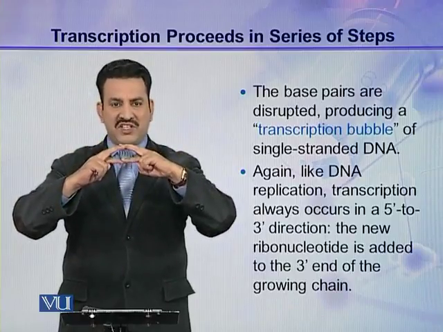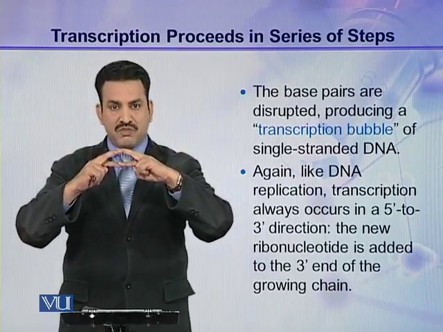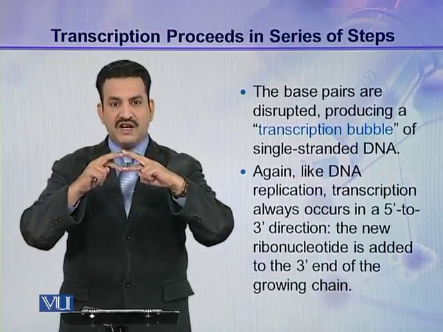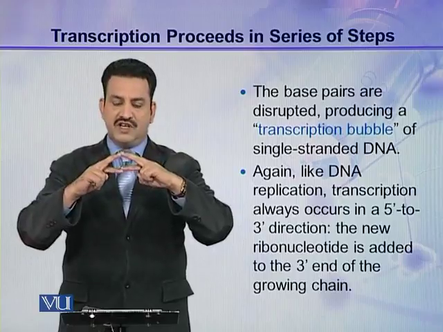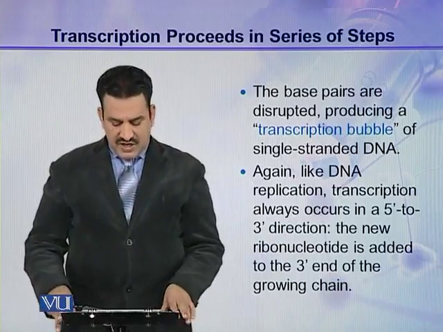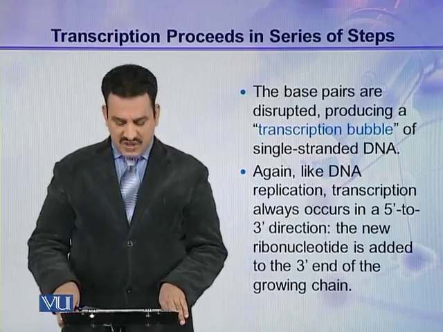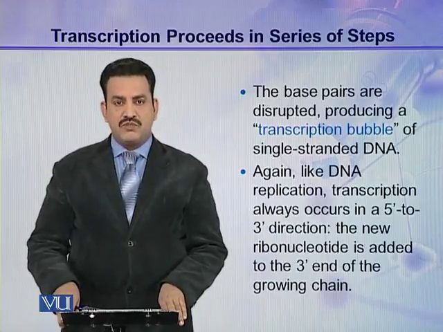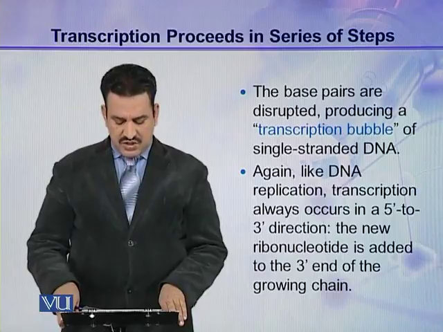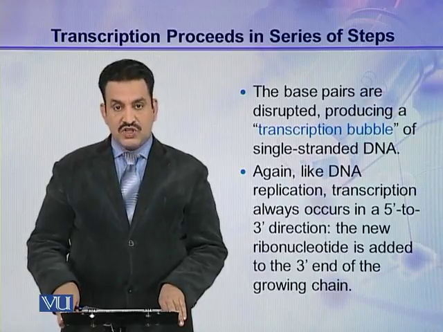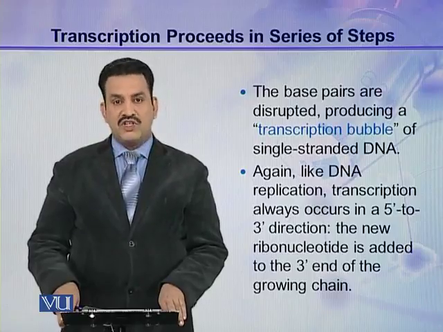So this is a transcription bubble, and in this transcription bubble the two DNA strands are open and they are single-stranded DNA. Again, like DNA replication, transcription always occurs in a 5' to 3' direction. That is, the new ribonucleotide is added to the 3' end of the growing chain.